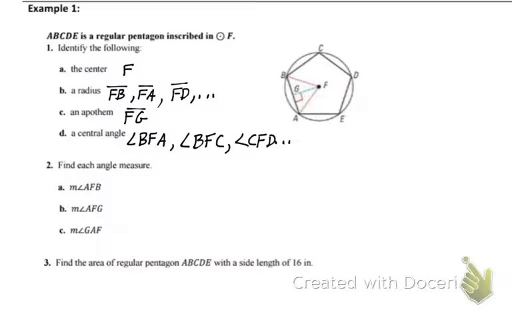All right, now we need to find each angle's measure. So I want to find the measure of angle AFB. Who can tell me how to find AFB? Sanjeev. I'm going to divide 360 by the number of sides, which is 360 divided by 5. And what does that come out to? 72 degrees.